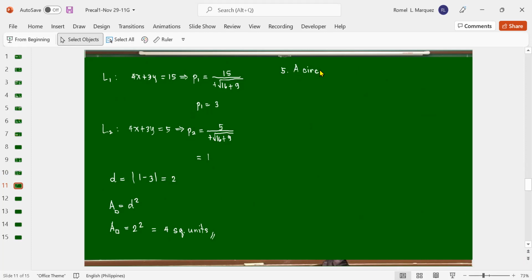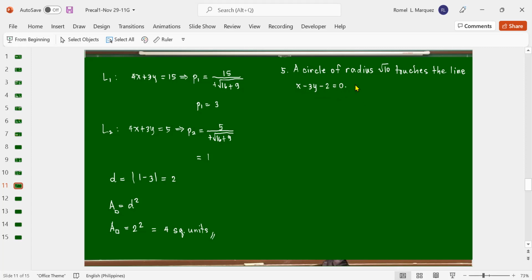Number 5. A circle of radius square root of 10 touches the line x minus 3y minus 2 equals 0.